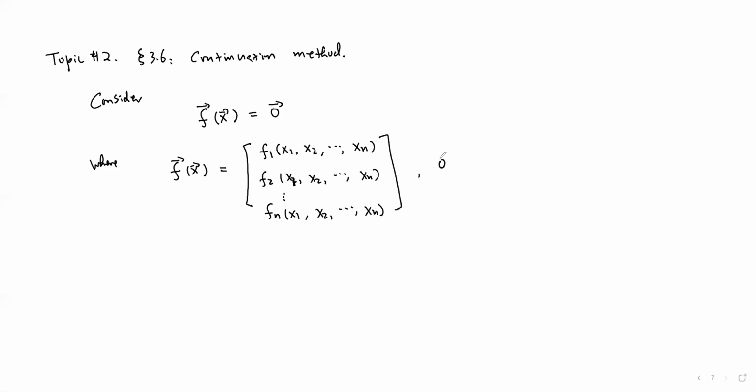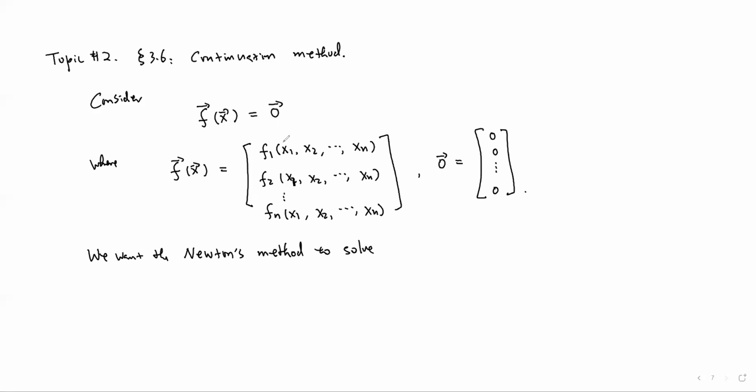The right side, 0, is a vector with n entries. We have a system of equations and we want to use Newton's method to solve it. Let me call this equation 1, to solve 1.